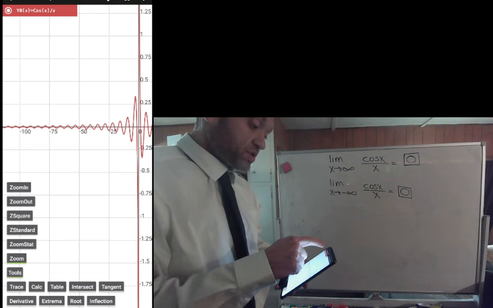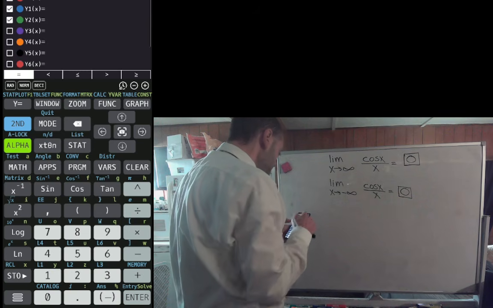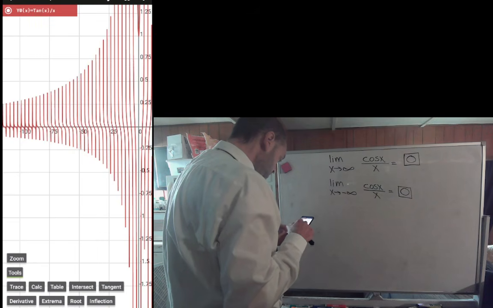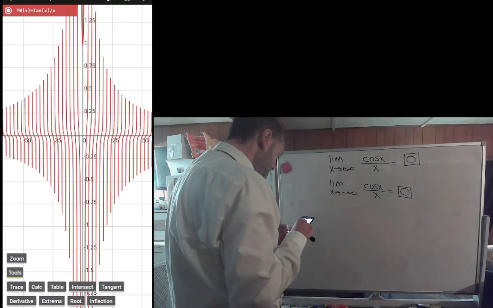Now, of course, we got one more trig function I'd like to deal with, and that's going to be the tangent of x divided by x. What a mess.